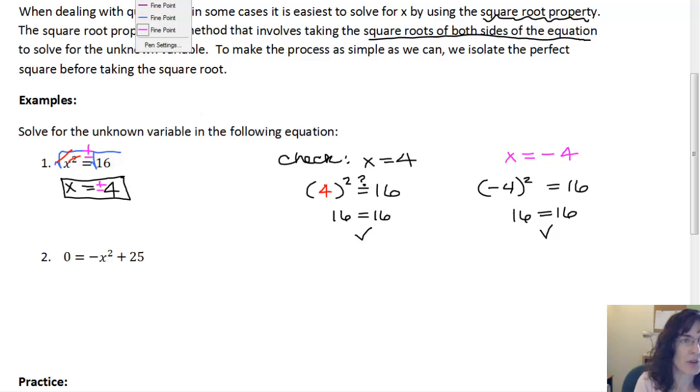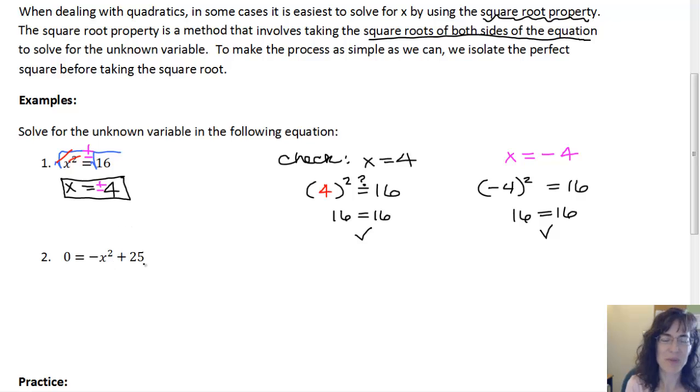Let's take another look at another problem. I have negative x squared plus 25 on the right, and I have 0 on the left. I'd love to get it back into the same form that I had for number 1, and it looks like I can if I just add x squared to both sides.